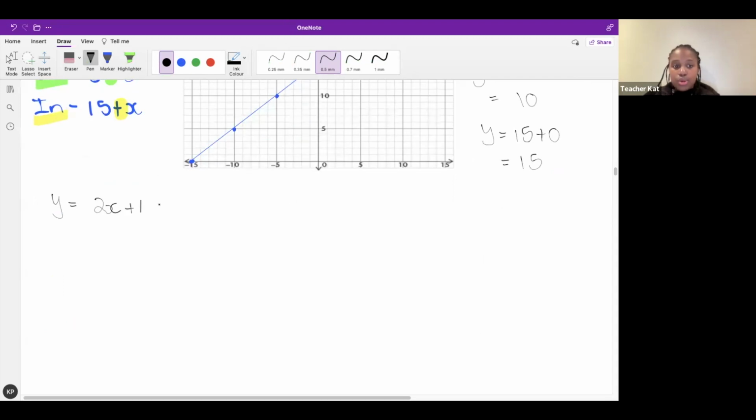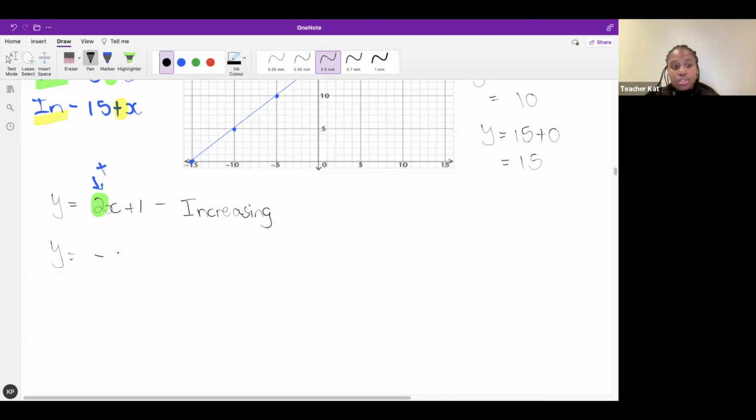Exactly. Why is it increasing, Buhlali? This is an increase because the coefficient of x is positive 2. So it has to be an increasing graph.